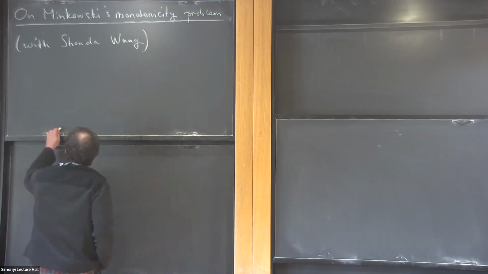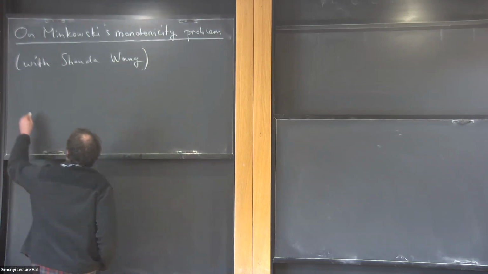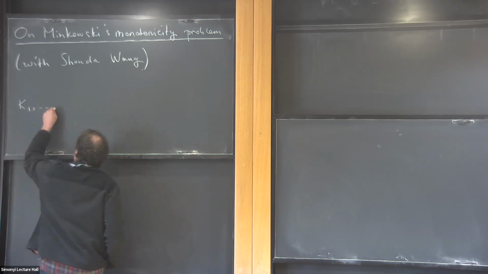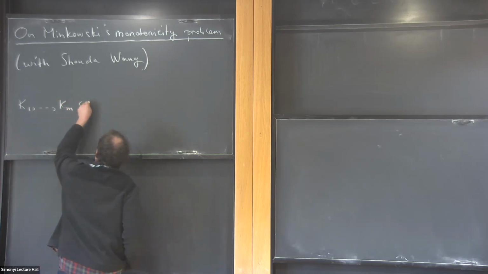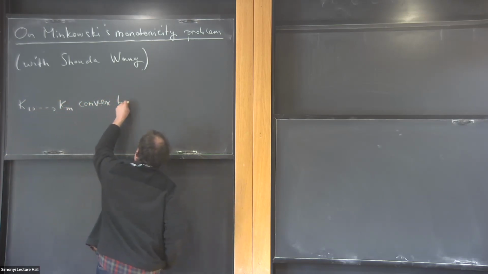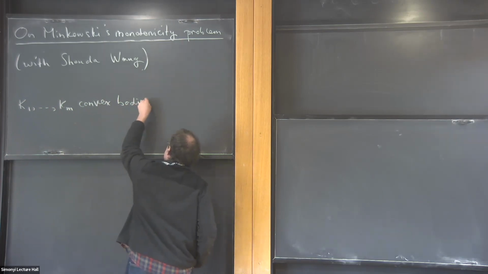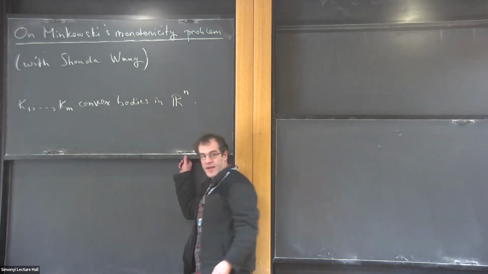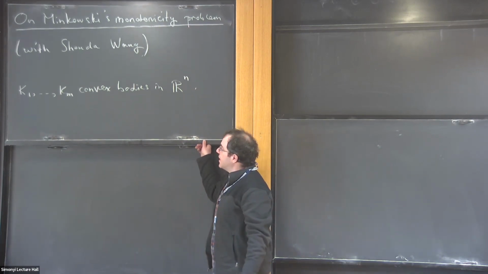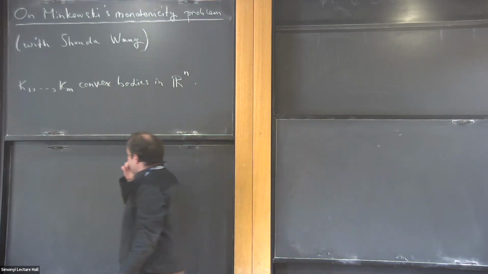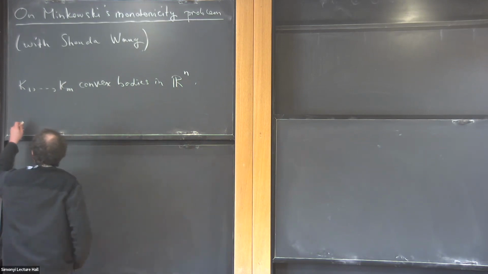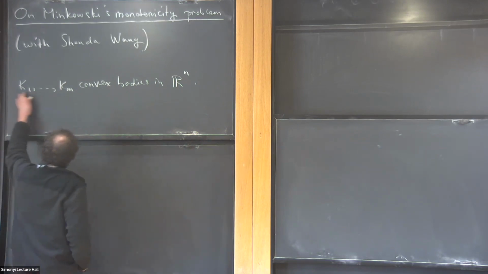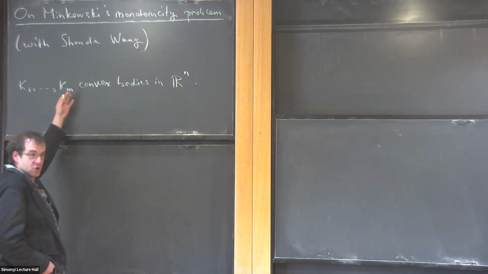So we're talking about convex bodies. Let K1 to Km be convex bodies. Convex bodies are just convex compact sets. And the basic starting point here is the observation of Minkowski that if I take the volume of convex bodies, it's actually a polynomial.